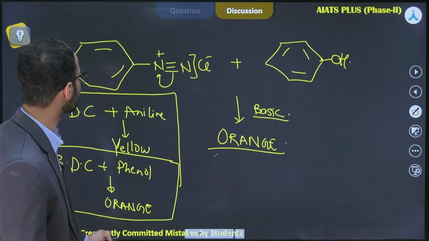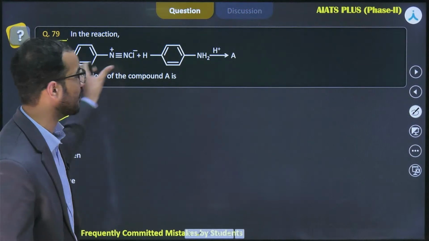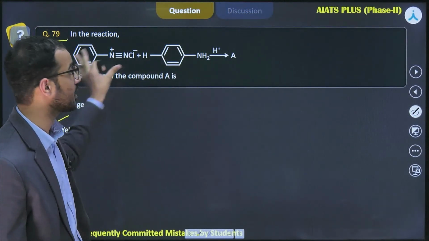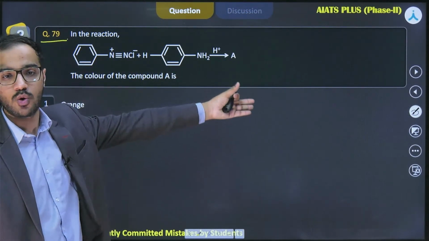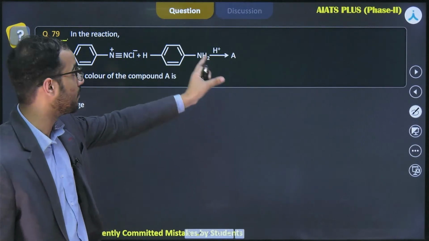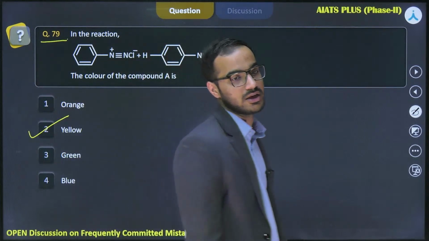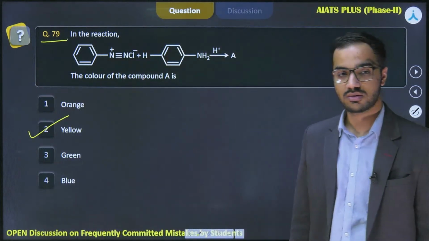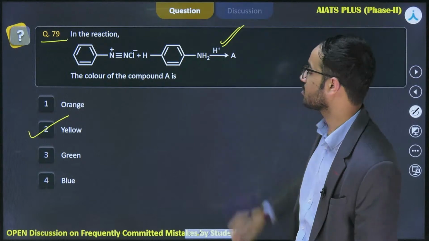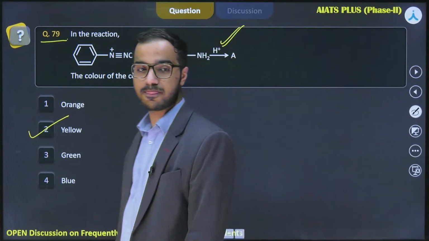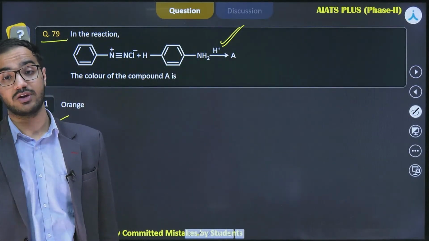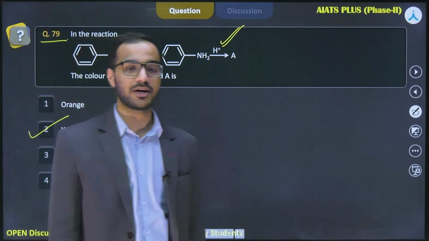If the aniline is reacting, it means you are having a yellow product. So the medium you have to take is acidic in nature. This is simply mentioned over here. But in case of phenol, you will have to take a basic medium.